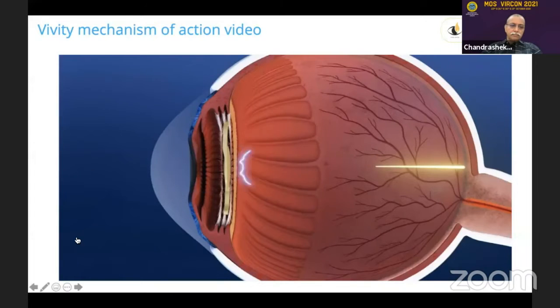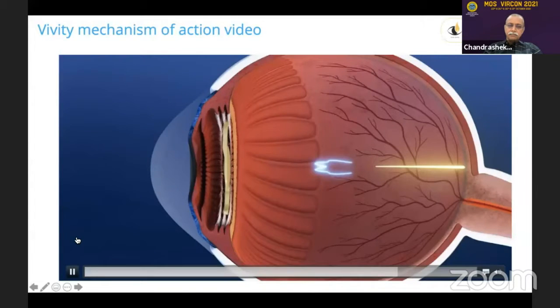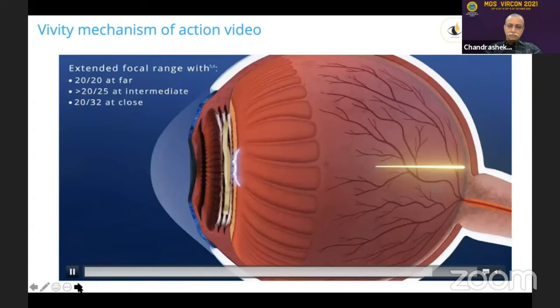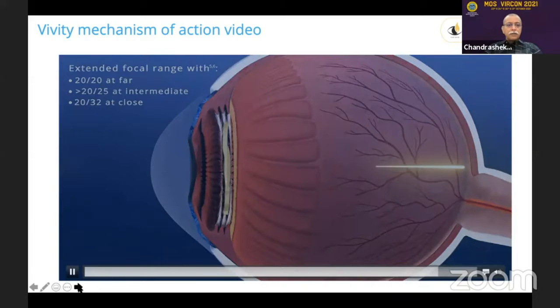The two smooth surface transition elements work simultaneously to stretch and shift the wavefront, creating an extended focal range, providing 20/20 at far, better than 20/25 at intermediate, and 20/32 at close distances.